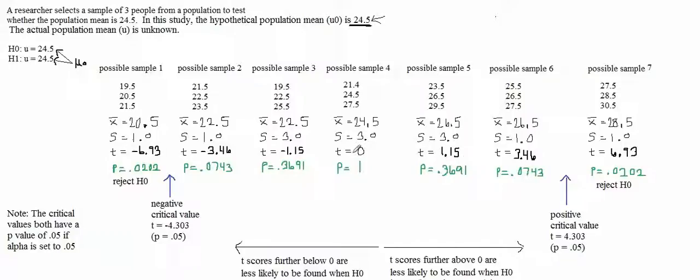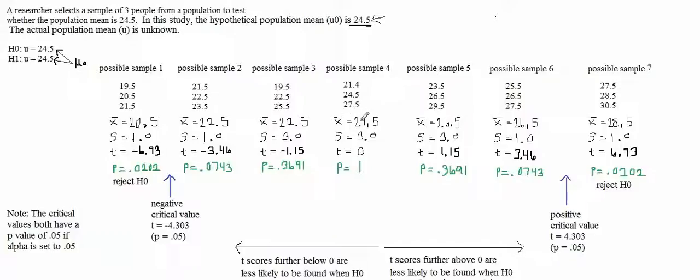We can also see that if the mean of the sample comes out lower than your hypothetical value, the t-score will be negative, and the further the sample mean comes out below your hypothetical value, the further below 0 the t-score will be, because we see here that the sample mean dropped to 2 lower than the hypothetical value.